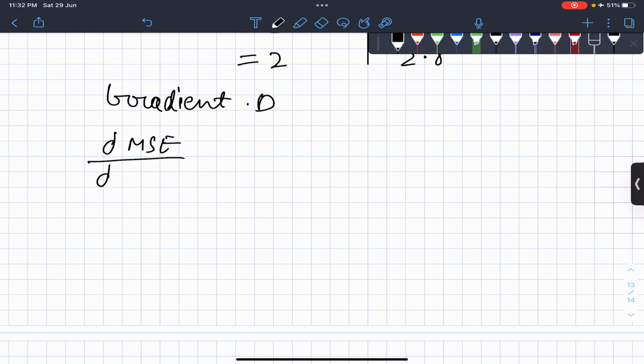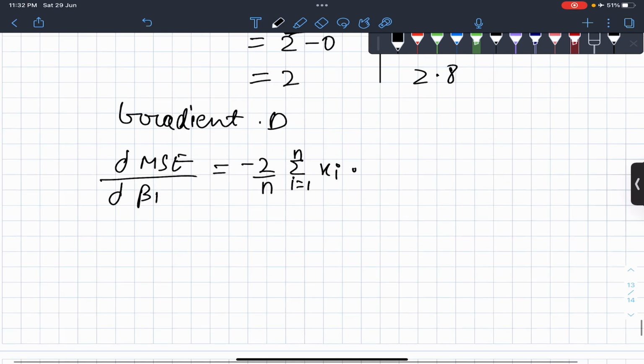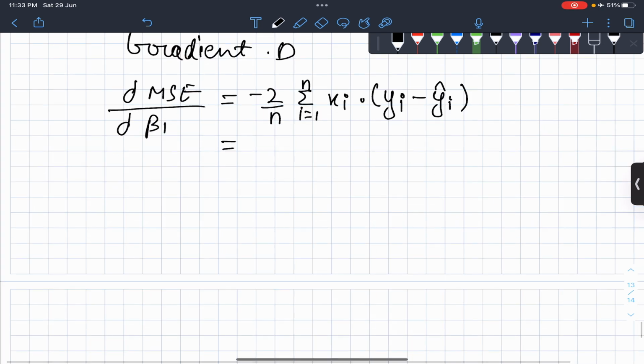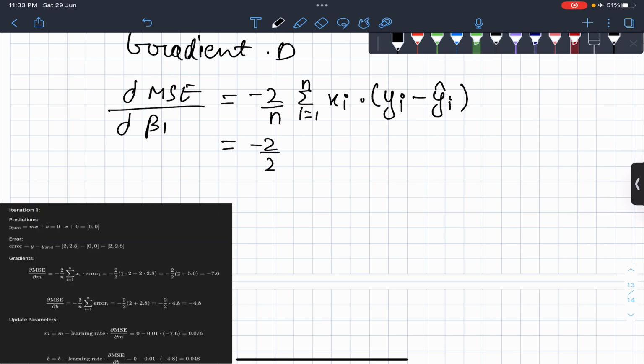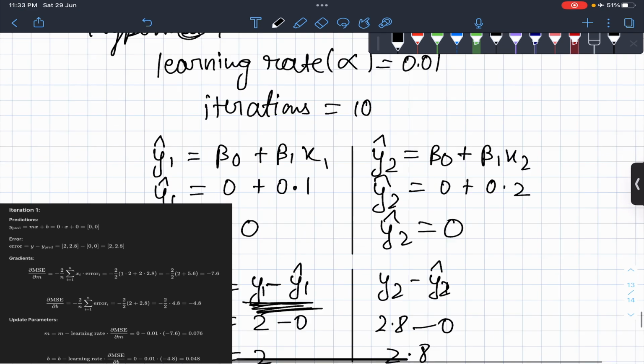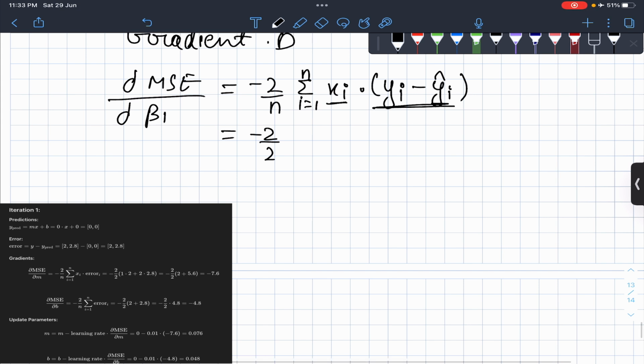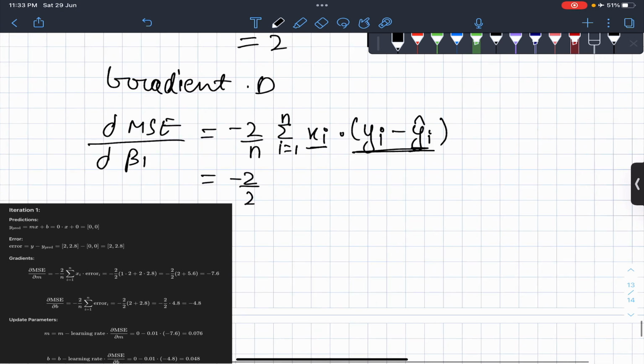By the derivative with respect to beta 1. We'll do it. Let's see. So 2 over n, where n here is 2, for the sigma. For x1, what is x1? It is 1. And the error for the first was 2.